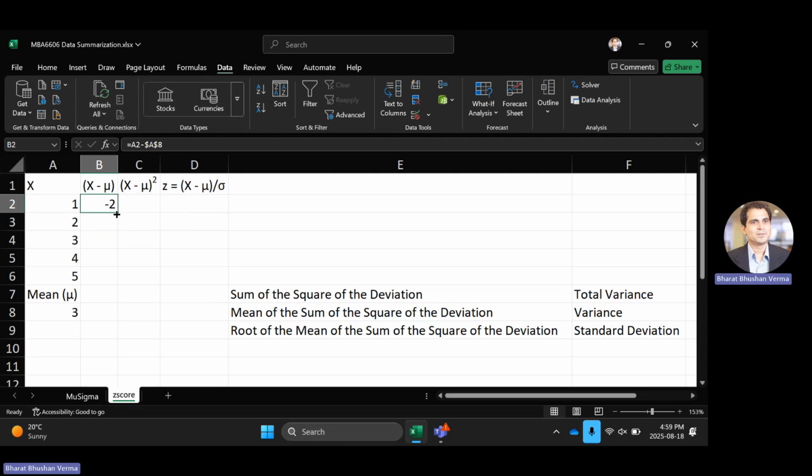So relatively, we can say the relative location of 1 from mean is -2. So now when we see these deviation values, we know that this is these many units to the left or to the right of the mean.